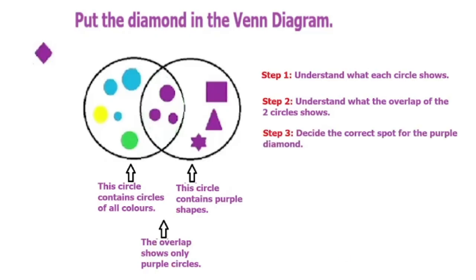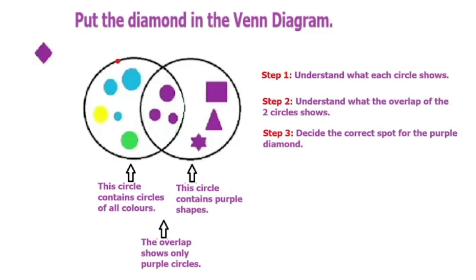So what we have to do now is decide the correct spot for the purple diamond. So we know it won't go in the overlap area because there's no diamonds in here. It's only circles. We know that the diamond will not go in here because this only shows circles.